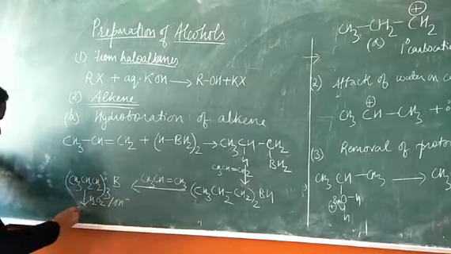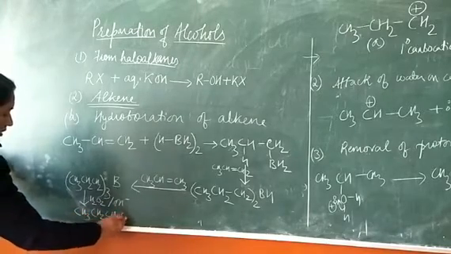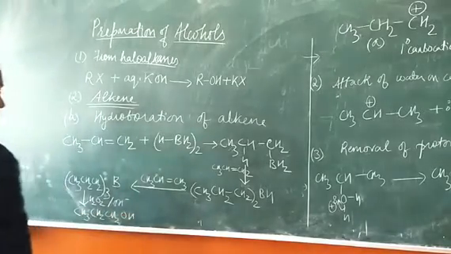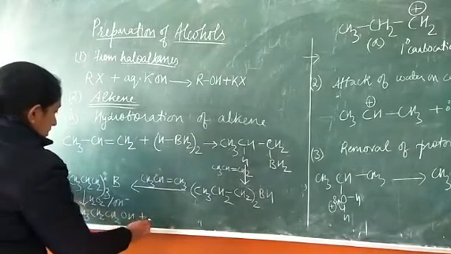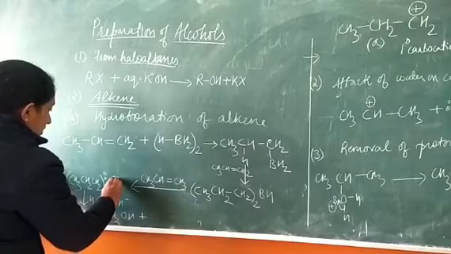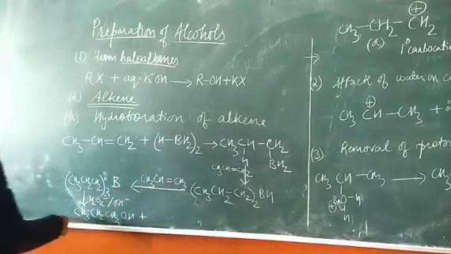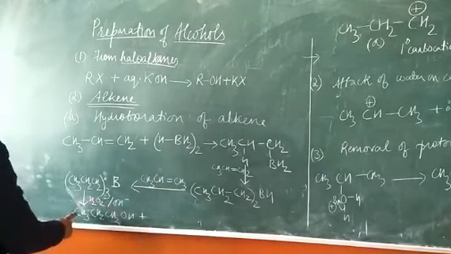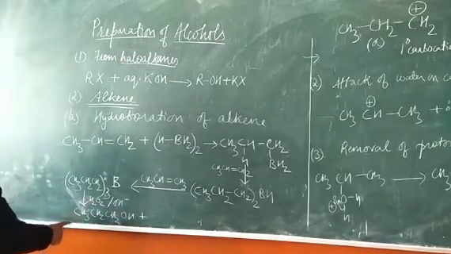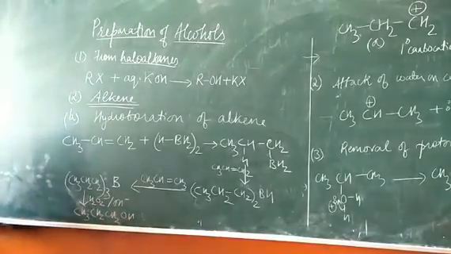And the product formed will be CH3, CH2, CH2OH, plus boric acid. So we will get basically here the alcohol, the propyl alcohol which has been obtained here, student, right? This is the main product which we are going to get.